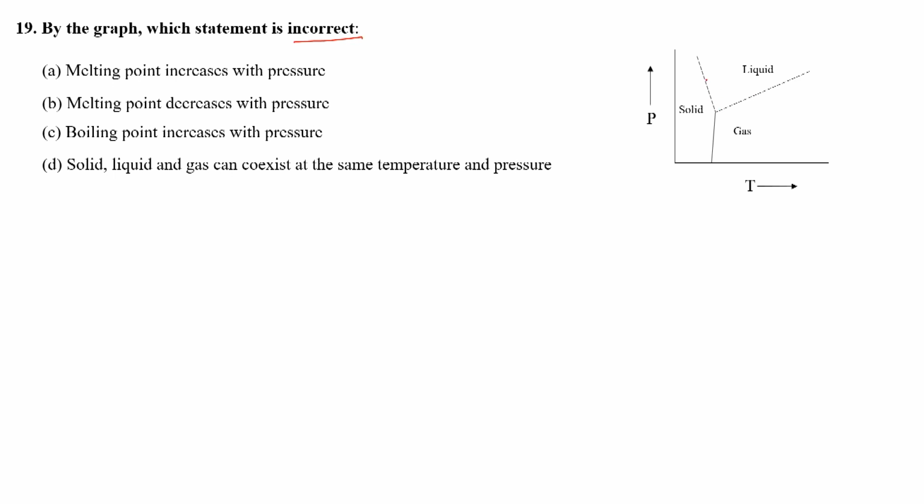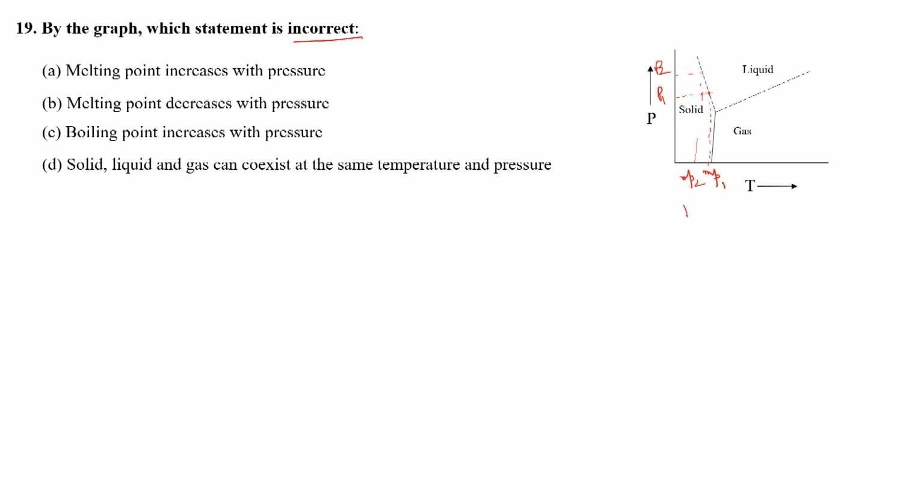So if we increase pressure here, suppose we first consider this pressure here. This is the corresponding melting temperature, right? Say this is MP1 at pressure P1, and if we consider this one, this is pressure P2, and the melting point at pressure P2 is MP2.